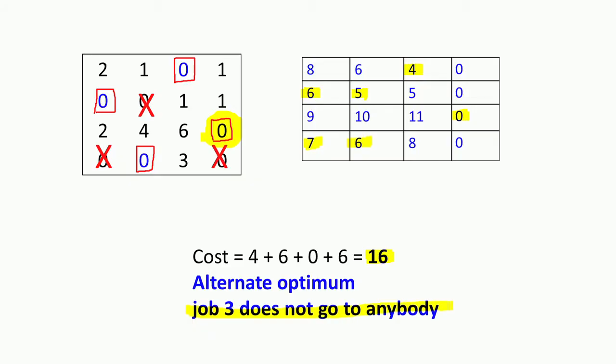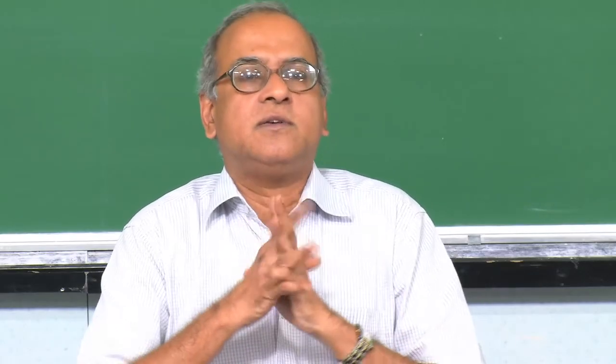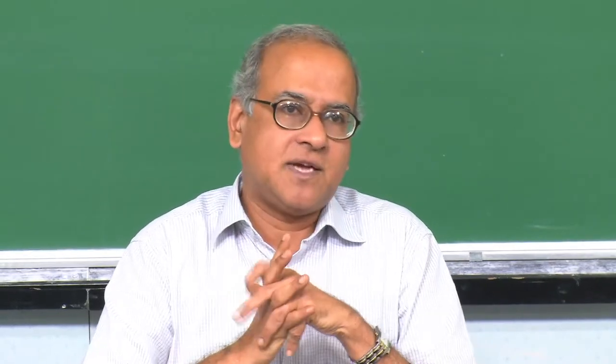The other 3 jobs go to the 3 persons, this and this, or it could be this and this. So, when you have an unequal number of jobs and people, if you have more jobs than people, then some jobs at the end will not be assigned to anybody. If you have more people than jobs, then some people will not get jobs.